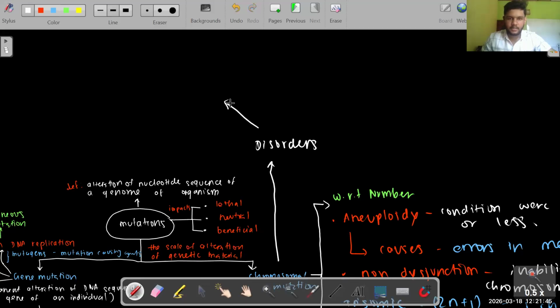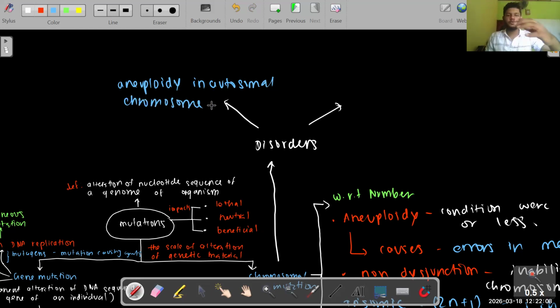First, I can divide it like this. This is aneuploidy in autosomal chromosome, which means one chromosome more or one chromosome less in autosomal chromosome.